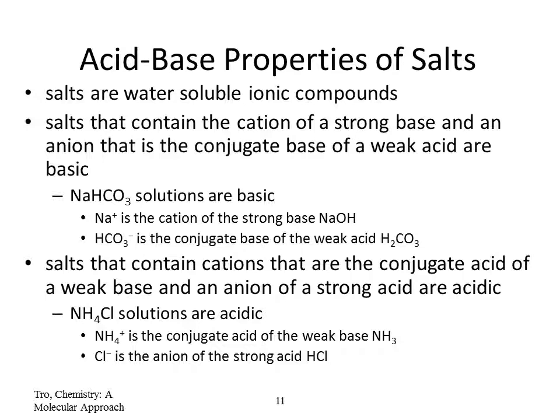Now we'll take another example, ammonium chloride. You can see it's formed from ammonium and chloride. How is this ammonium formed in water? From ammonia plus water. That means ammonia is a base. Ammonium is the conjugate acid of the weak base ammonia, right? So the ammonium is a weak acid. Then chloride, how does the chloride come about?